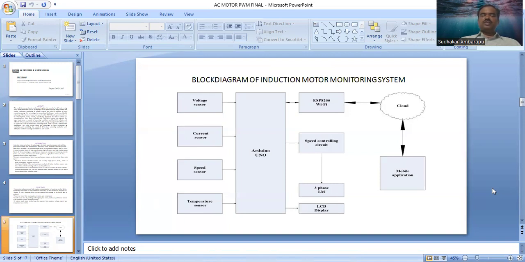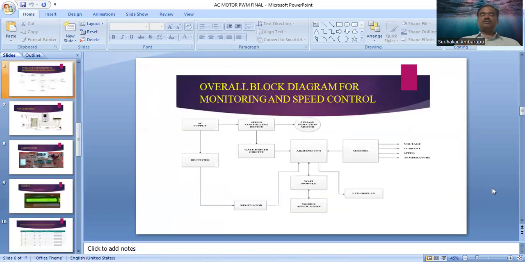In addition, we can connect a speed controlling circuit to this Arduino Uno. We can have an LCD display connected to the Arduino Uno to continuously observe the status of the different parameters. So this is the overall block diagram for monitoring and speed control of the induction motor.